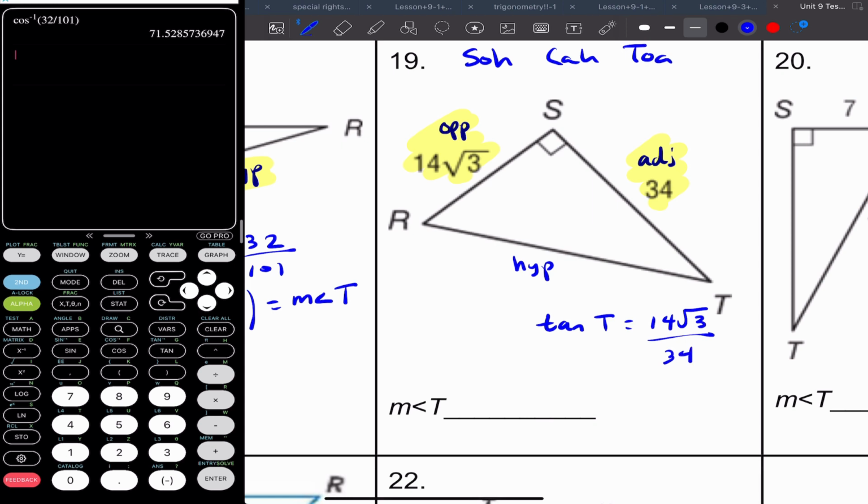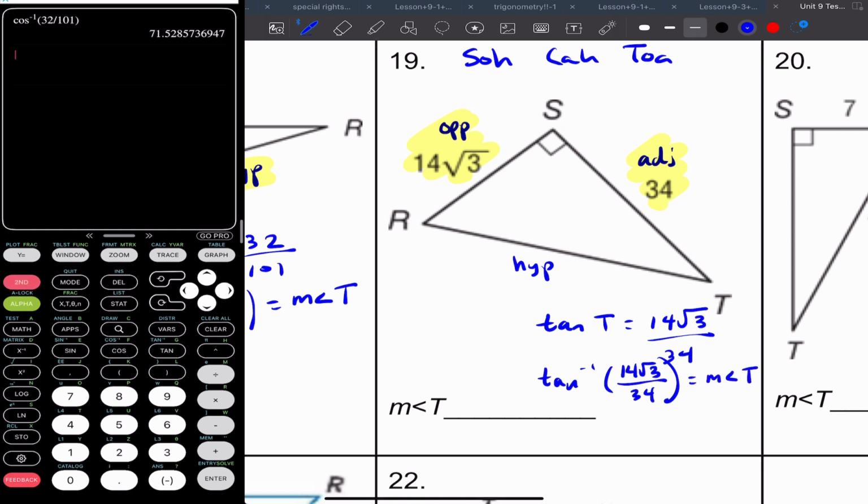And because I'm trying to figure out the measure of angle t, I need to use the inverse tangent function, right? So I write tan minus 1 of 14 root 3 over 34, which is going to give me the measure of angle t.